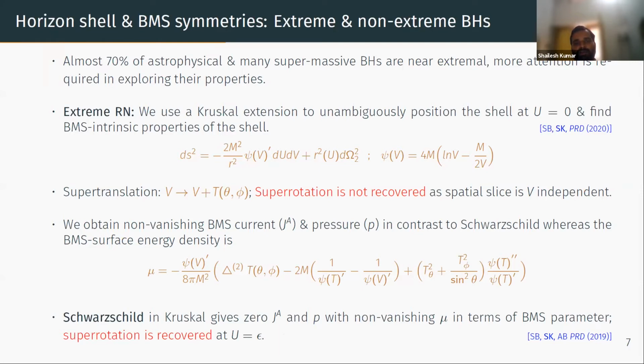There, in the Kruskal coordinates of the Schwarzschild black hole, we have the R parameter in terms of U and V. So the V parameter is there in the R coordinate. That is why we can recover the super rotation in that case, but not at the horizon, just a little away from the horizon.